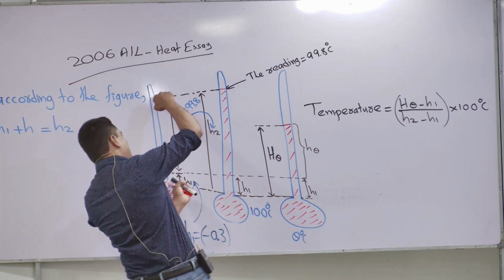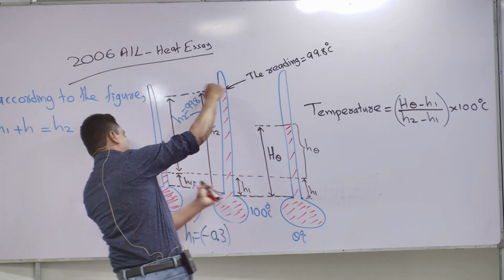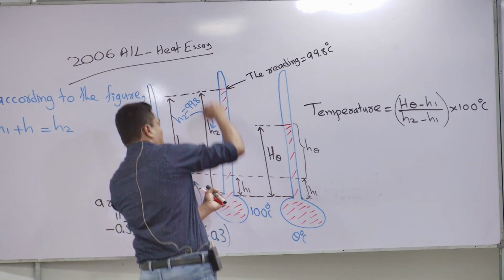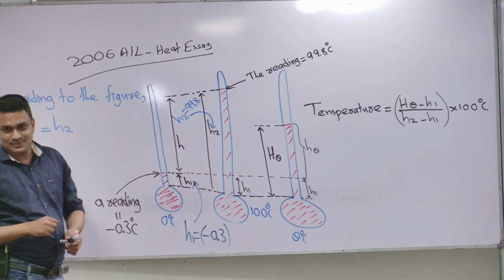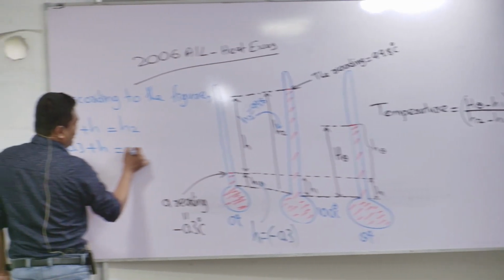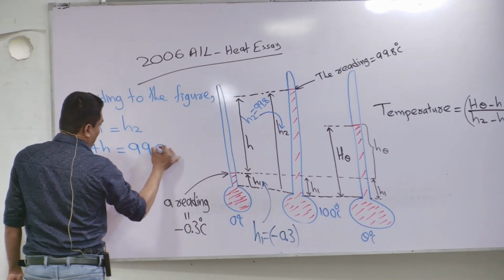So the gap between these two horizontal lines: H1 plus H equals H2. Okay, dear? H1 is minus 0.3 plus H, H2 is 99.8.